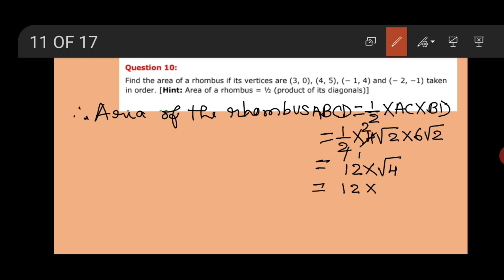Root 2 square, or root 4. 2 twos are 4. So it is equal to 12. Remove the square root sign. Square root of 4 is equal to 2. So 12 twos are 24. Right? Therefore, area of the rhombus is equal to 24 square unit.